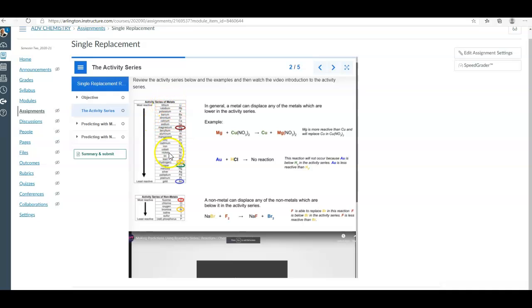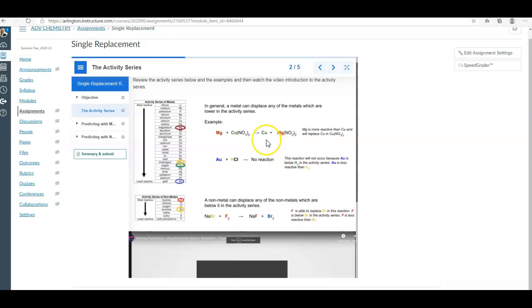As you go from top to bottom, the elements become less active or less reactive. What it means is that the element on top is more reactive than the one below it. So which means that in a given reaction, any element that is above in the activity series can replace the elements beneath it in the activity series.